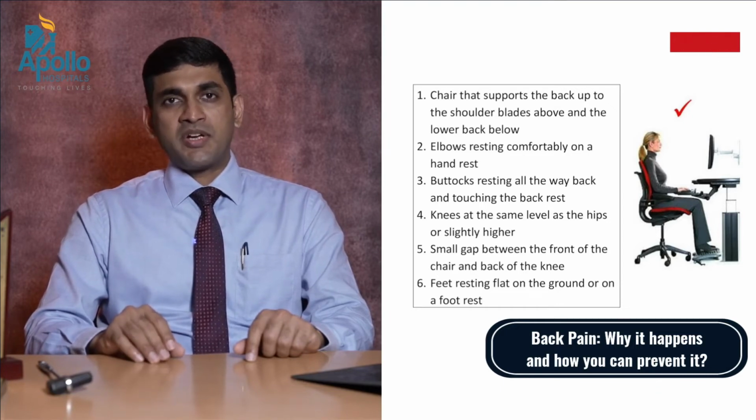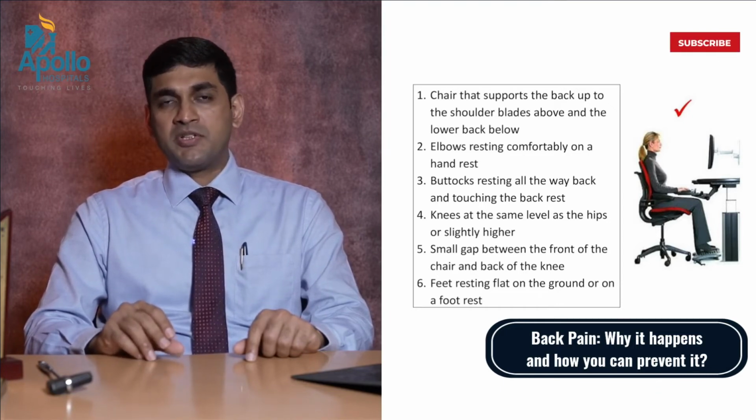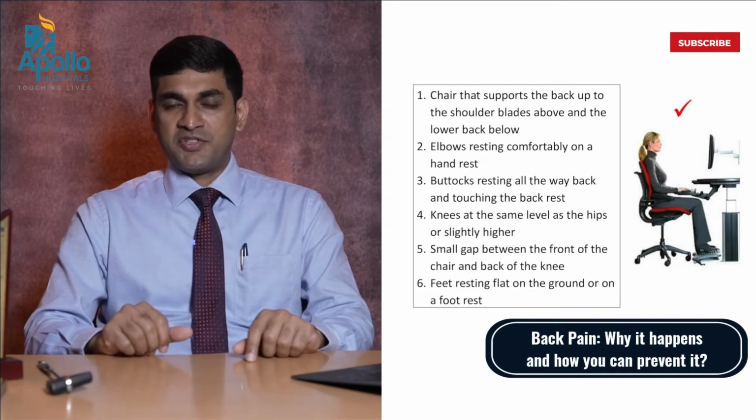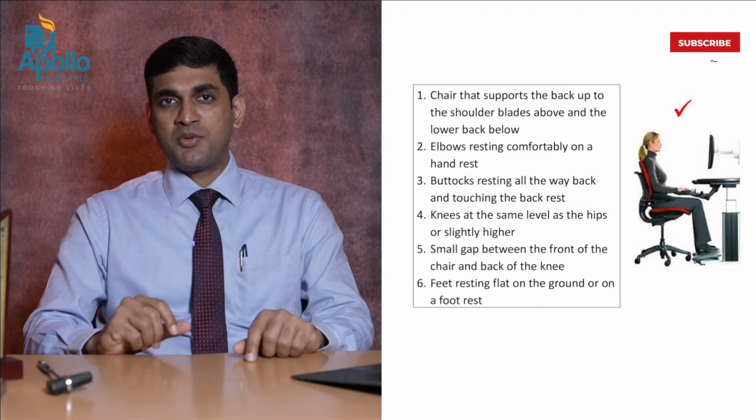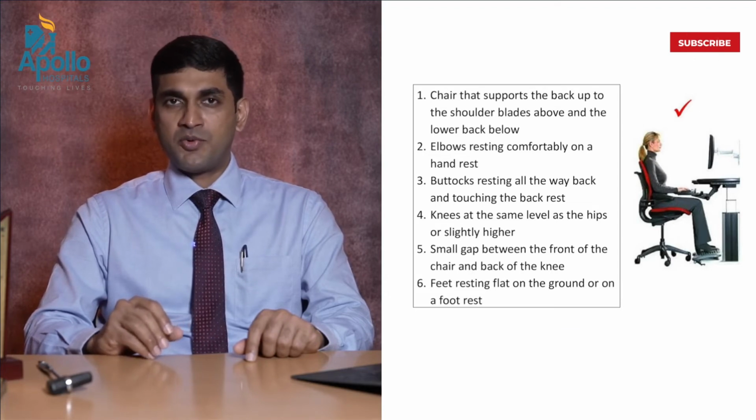Also, you can note that there is a small gap between the back of the knee and the front of the chair. This is again very important. If there is no space, people tend to slide a little bit forward to create this gap and again strain the back. So sitting properly is the most important way to avoid back pain, and this is because we are used to sitting long periods of time in our daily jobs these days.